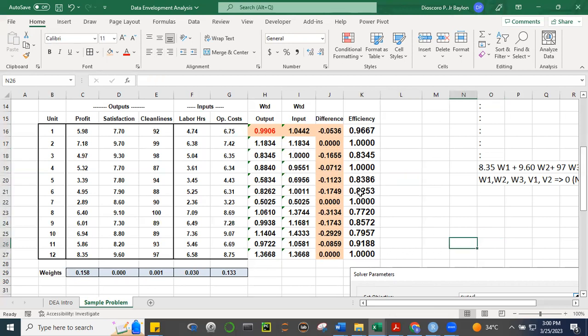Okay, for example, itong unit number 6, is it 1? Is it 100%? Is unit number 7 100%?